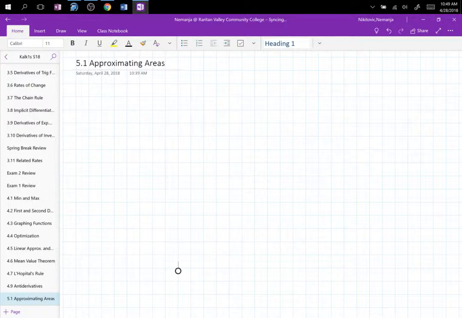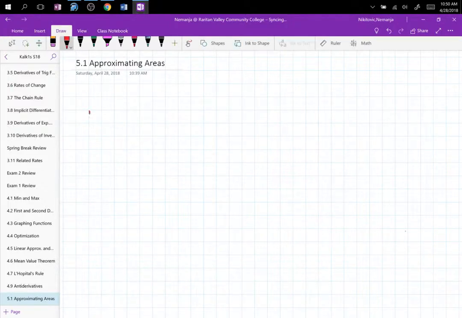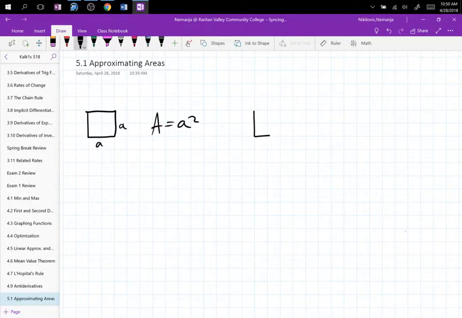So let's take a look at approximating functions. First, we have shapes which you are familiar with and you know. This is a square, and you know that the area is a squared. You have a rectangle whose area is a b.